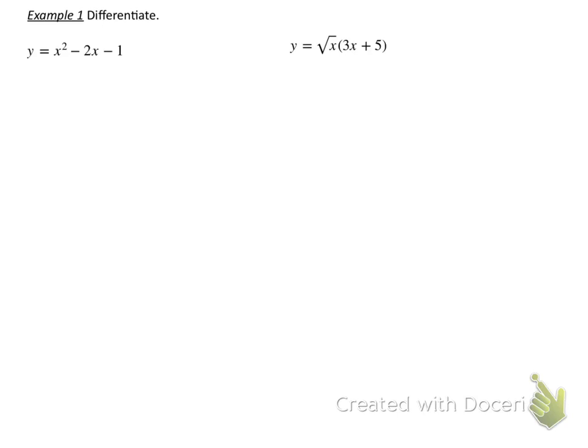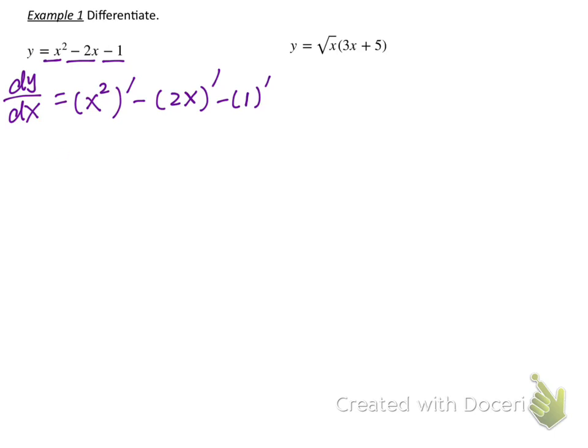Now let's see examples. If I'm going to differentiate the first function, x squared minus 2x minus 1, I'll do dy/dx. This is 1 term, 2 terms, 3 terms. So it's a sum and difference. So I just do the x squared derivative, minus the 2x derivative, minus the 1 derivative. For the first, I pull the 2 to the front, and then minus 1, so I get 2x to the 2 minus 1.